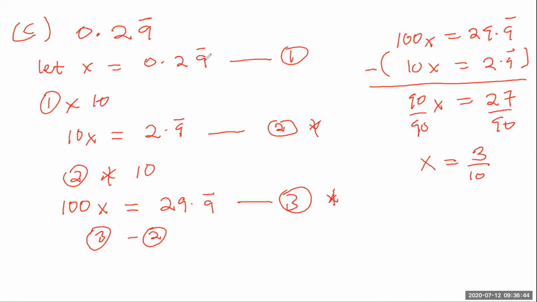Let's look at the last problem that I want us to look at under this. So D, we have 2.029 repeating. Is that okay? Now we let x be equal to the same number.